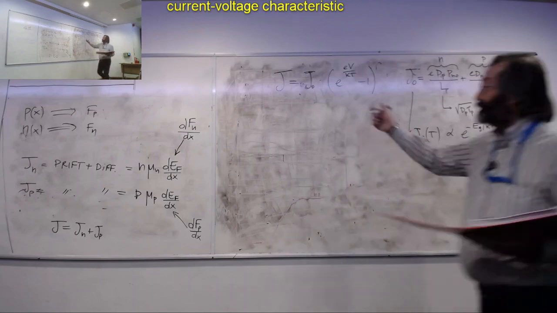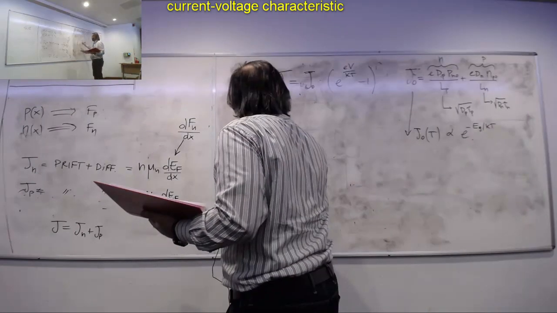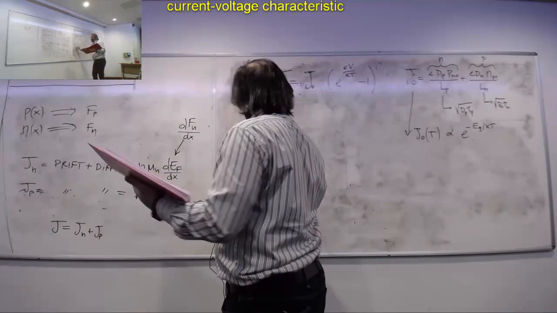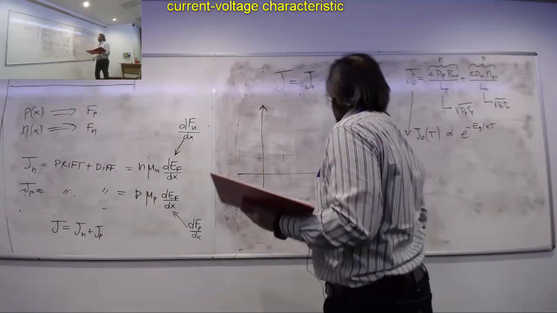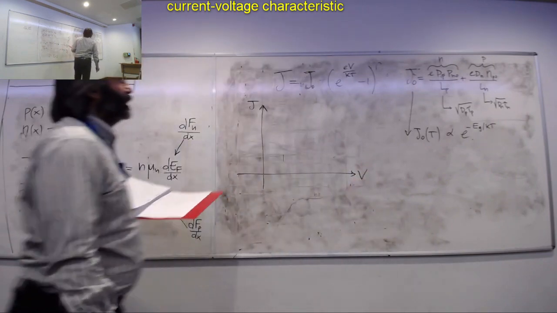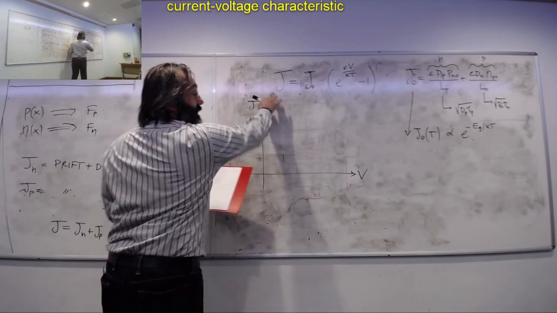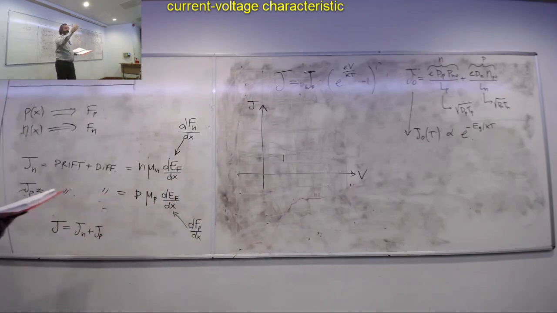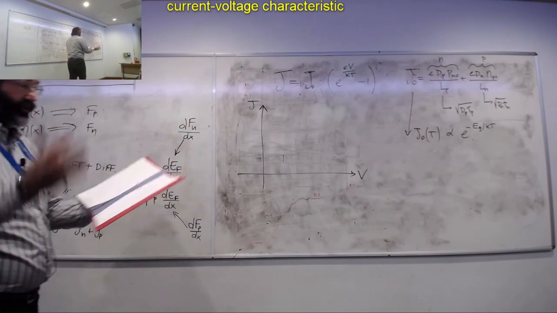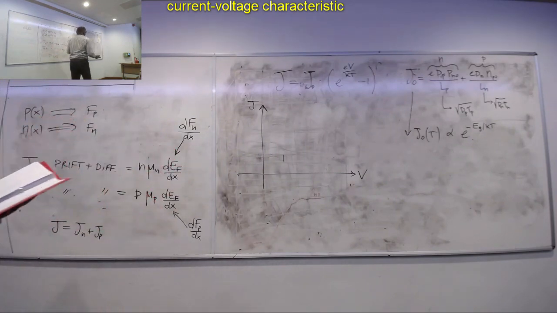And this we can plot. So this is J. This is the voltage. Remember, J is the current density. If we multiply J with the area, the cross section of the device, we get the current. So we will generally go from J to I. It doesn't really matter.